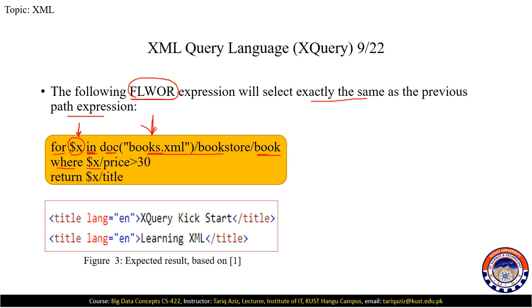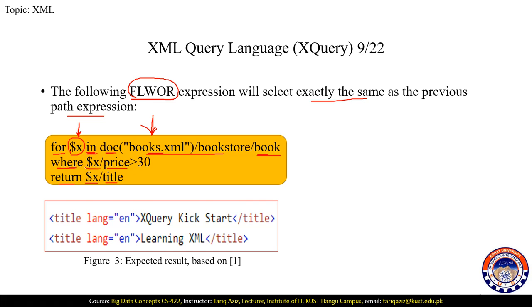Now in this variable we have all the book elements. So by using where clause, we are setting a condition that for the book elements in this variable, we want the price element, and if the price is greater than 30, then what you have to do is return the title of those book elements.